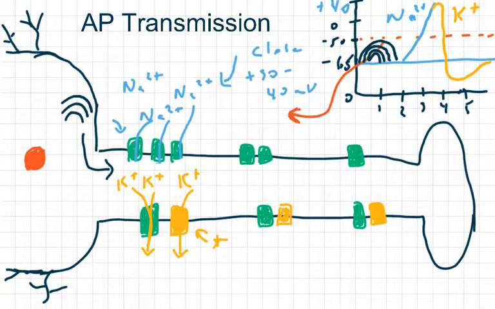The efflux of potassium will stop once it reaches a certain negative value. And this is due to the electrical forces at play with these particular ions. And so once the value reaches roughly negative 80 millivolts, these potassium voltage-gated channels will shut off, stopping the repolarization of the neuron itself.